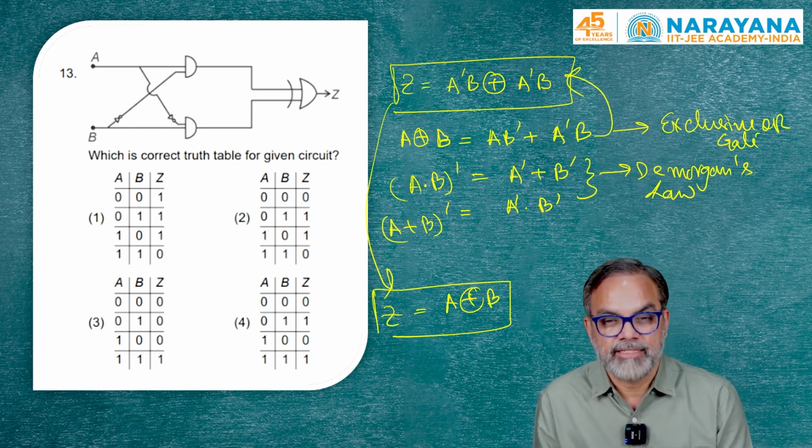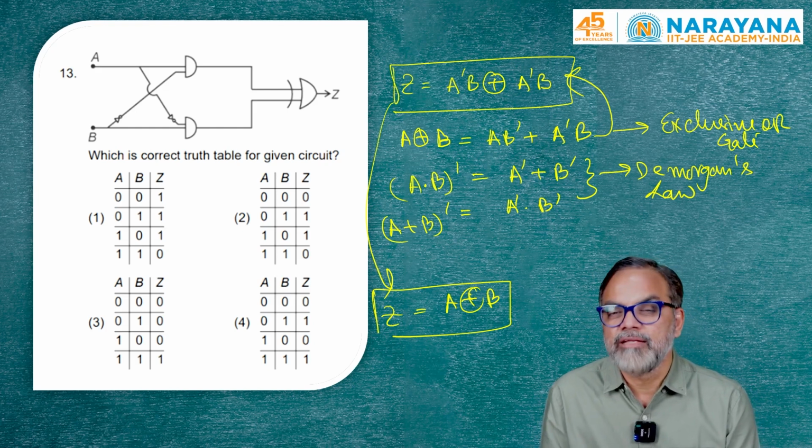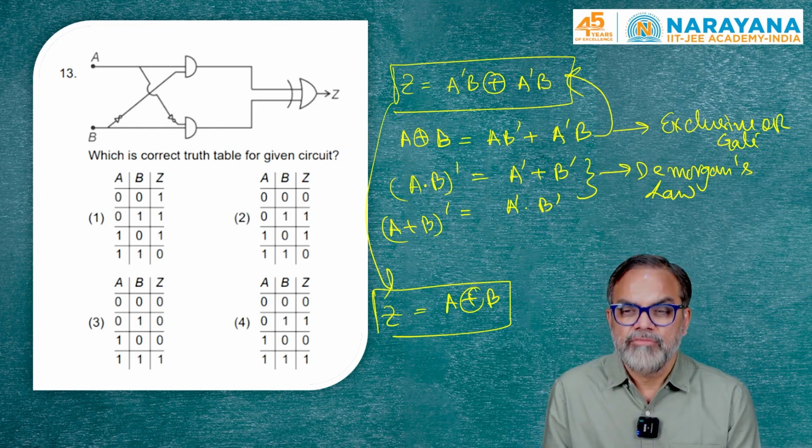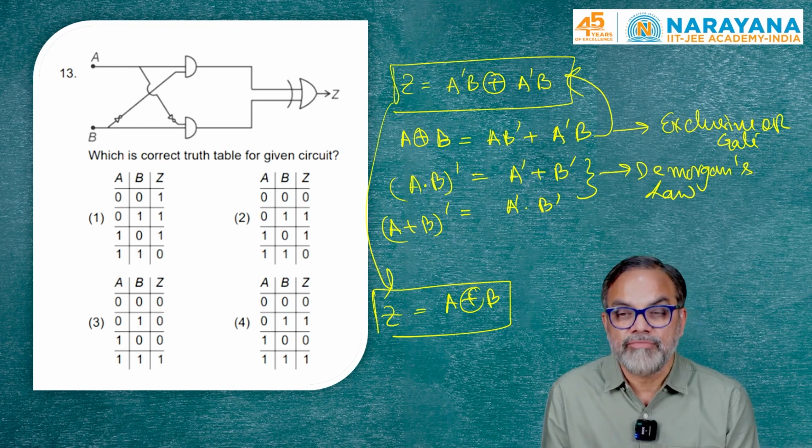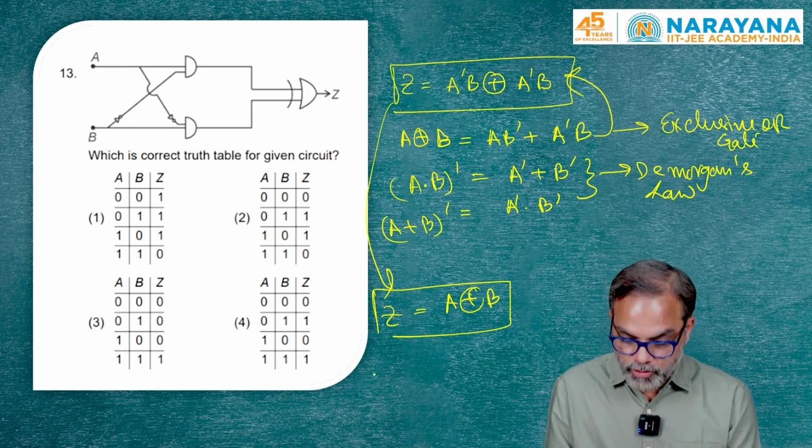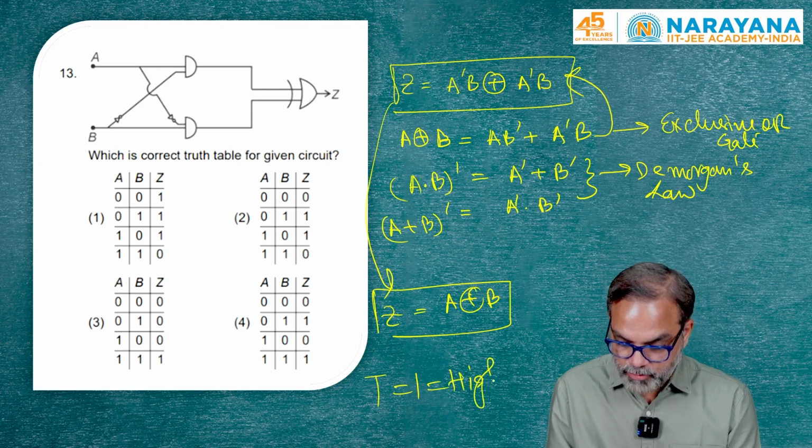Please listen to my statement carefully. All those who are familiar with exclusive OR gate know it. We get true as output when we have an odd number of true inputs. True means 1, it means high, so all of you know this language. False means 0, and this means low.